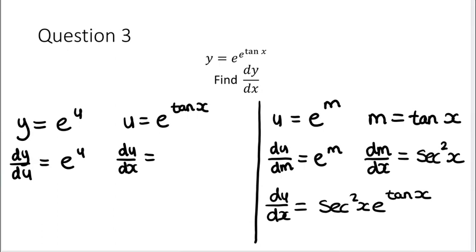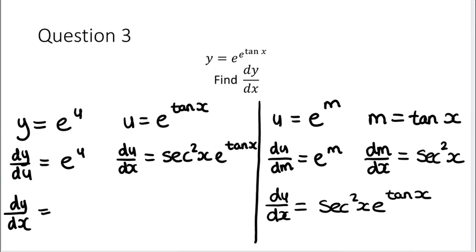So we'll come back over to this left-hand side now. And now I have my du by dx. Now I can finally find dy by dx by just doing dy by du multiplied by du by dx.